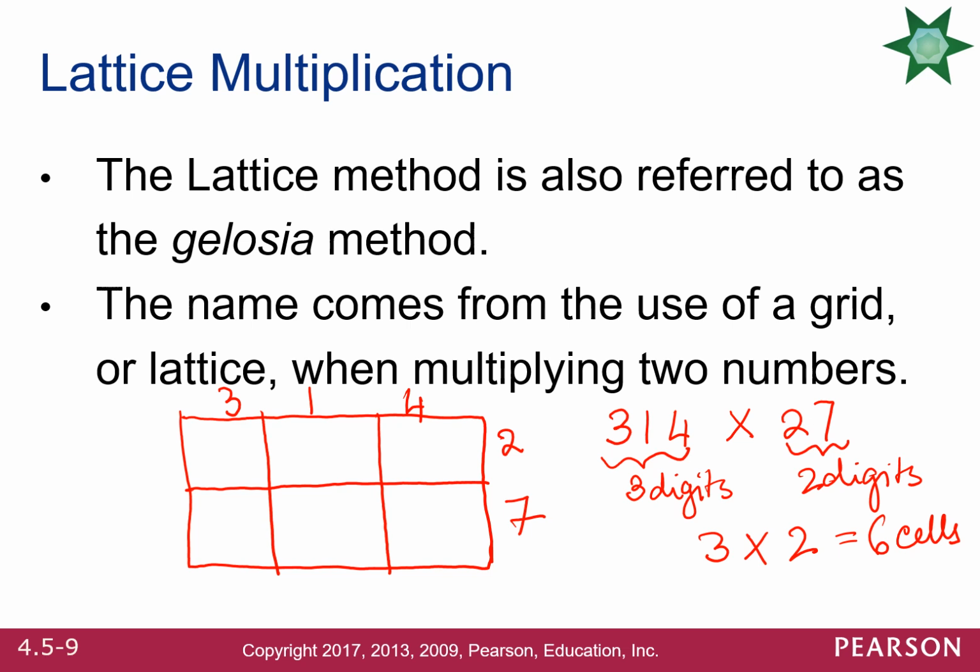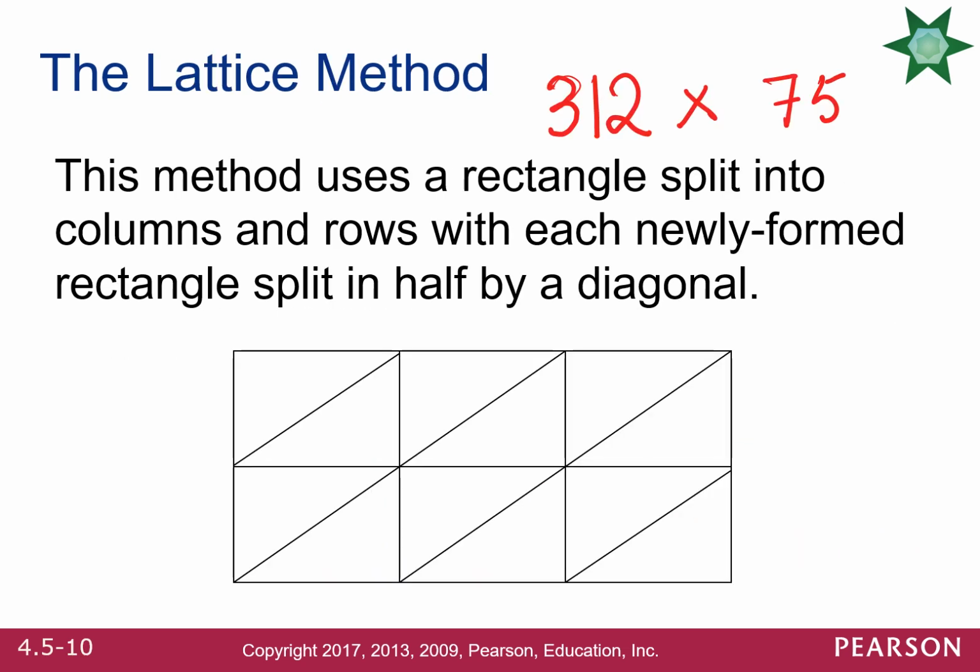So let's go through the process of how we perform this multiplication, using the example of multiplying 312 by 75.